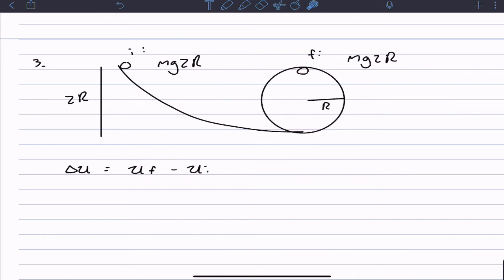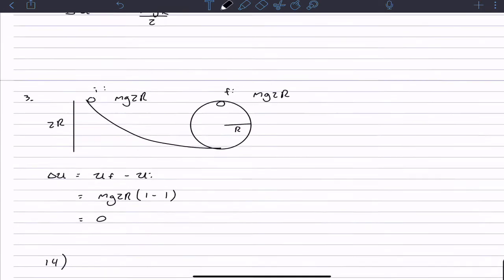So here, this is mg2r, and this is mg2r, and so it pretty much puts you at 0. There is no overall change in the potential energy from the initial and final positions. If you were to consider this ball down here, there would be a change in potential energy, but since it would go down here and then back up here, it would still be 0 overall. Okay, that's the answer.